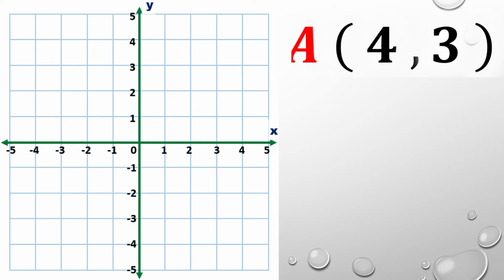Both coordinates are positive, so we can have it on this first quadrant. So point A is here.